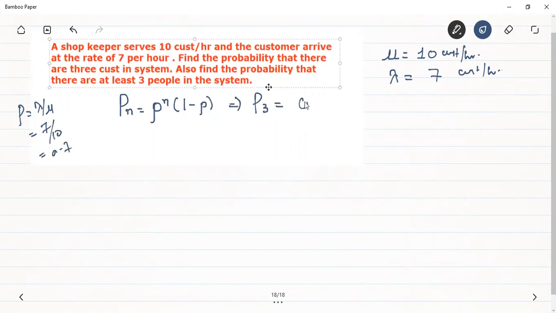So rho is equal to 0.7. यहाँ पे n का वैल्यू 3 है. So 1 minus rho, that is 1 minus 0.7. So the probability that there are 3 customers in the system, if we evaluate it, comes out to be 0.1029.